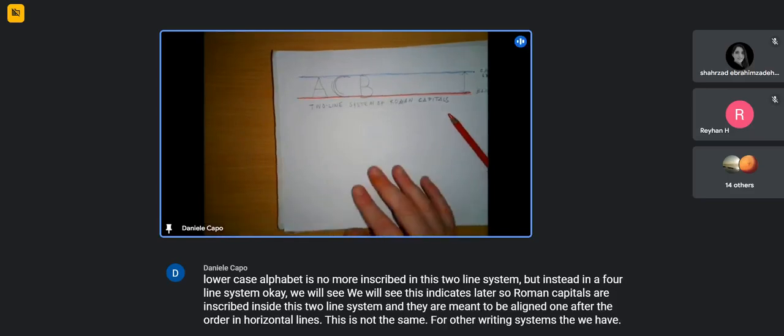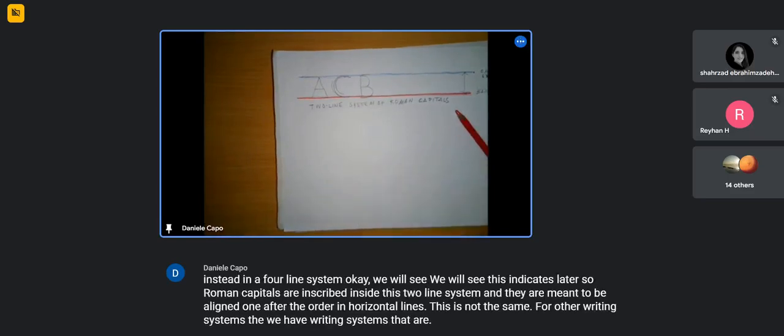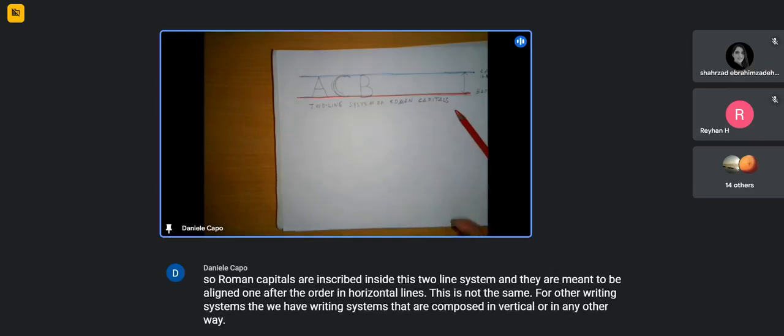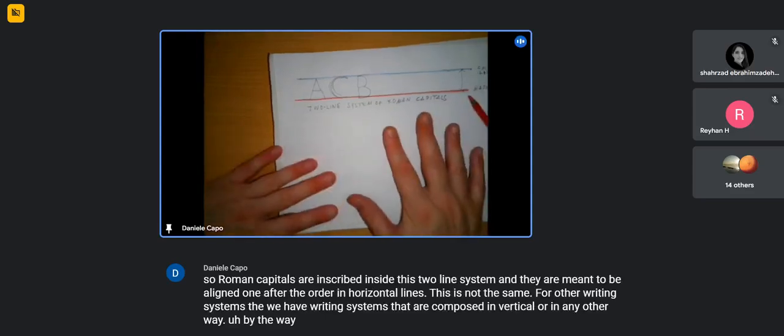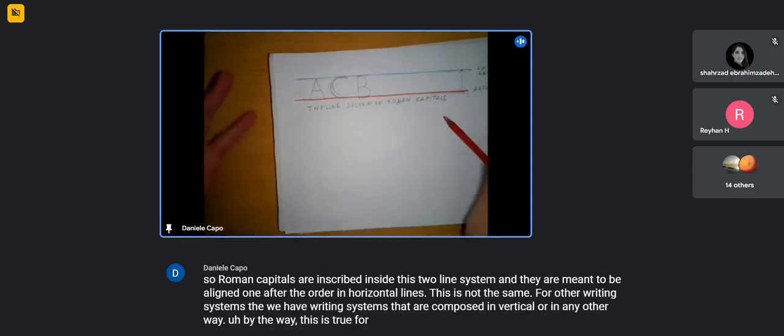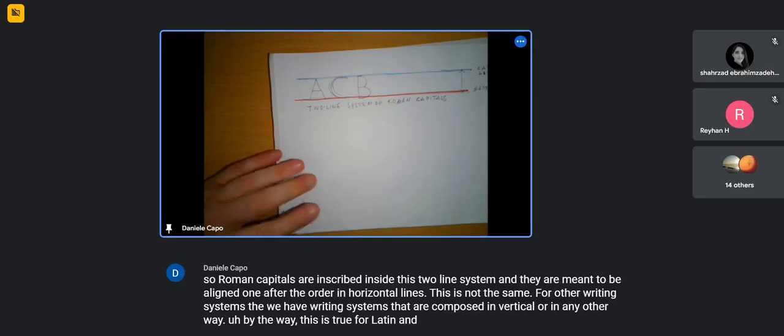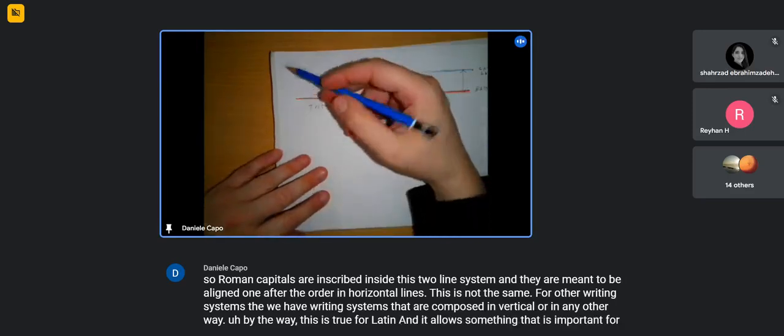We have writing systems that are composed in vertical or in any other way. By the way, this is true for Latin, and it allows something that is important for typography.